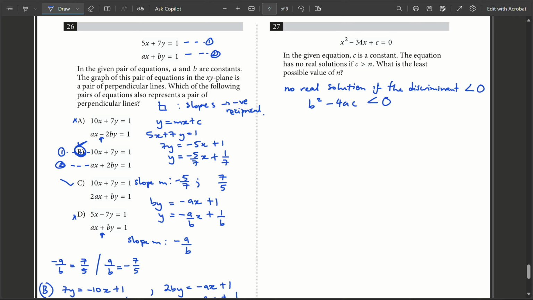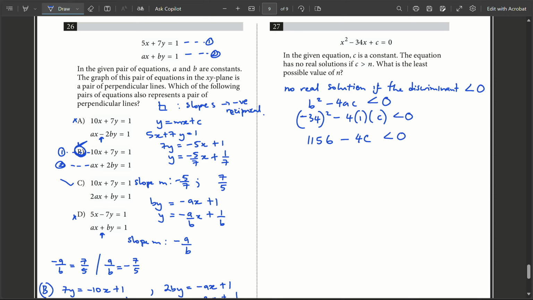Our b² is (-34)² minus 4, our a is 1, and our c is c. We use the inequality. (-34)² gives us 1156 - 4c < 0.